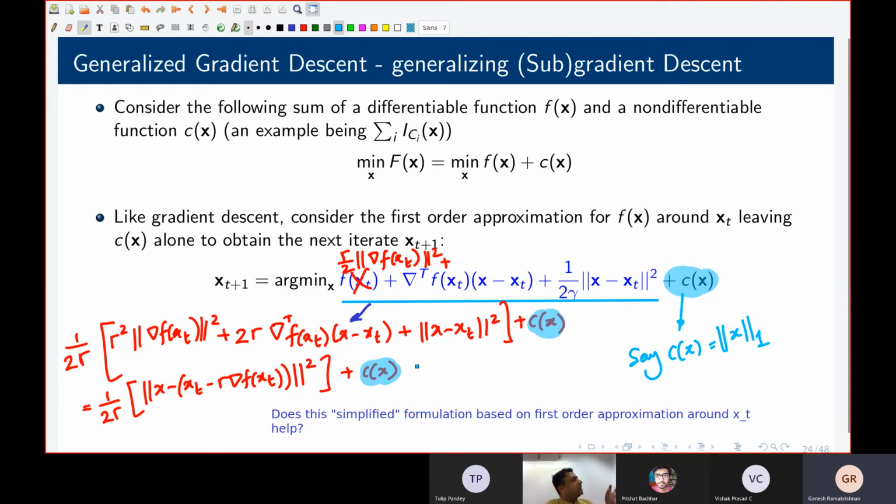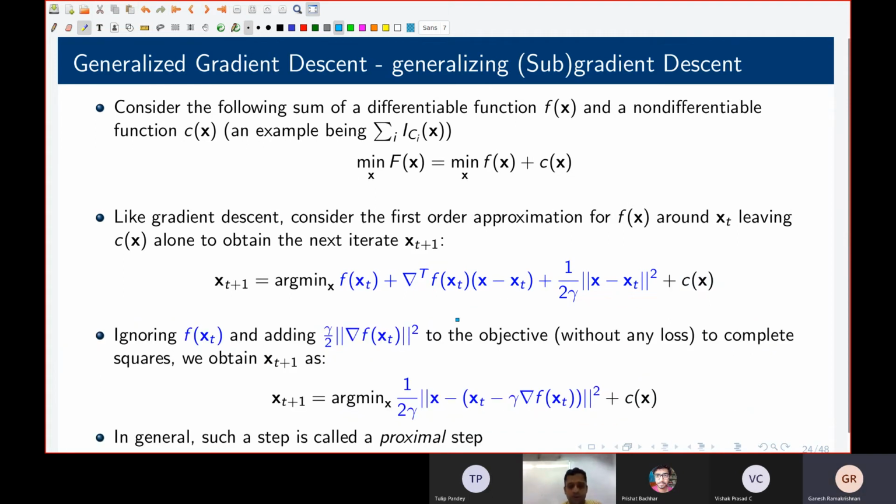So what is this basically? This is saying argmin over x of the difference between x and the gradient descent update, the whole square, plus cx. So that's what we are showing here. This is what we got.